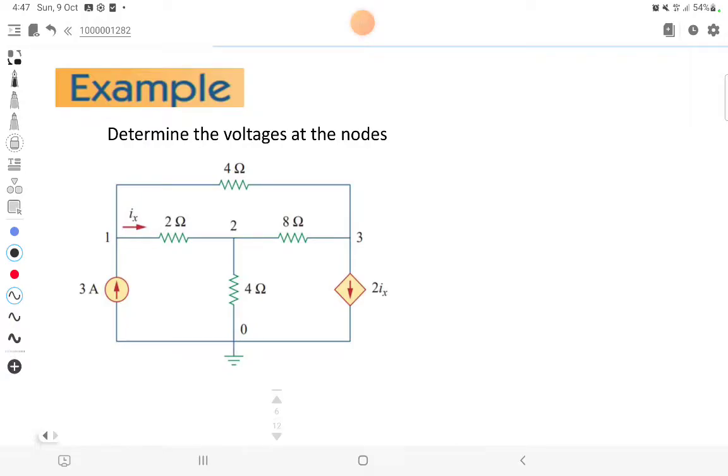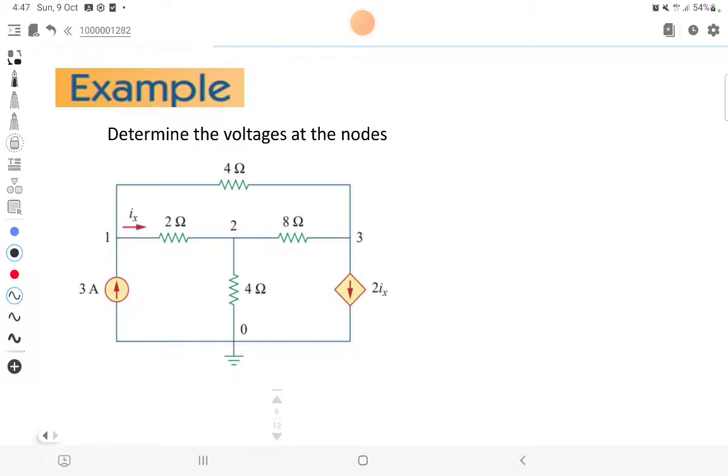So this will be our example number 3. So as I have said, the number of nodes will be equal to the number of equations.